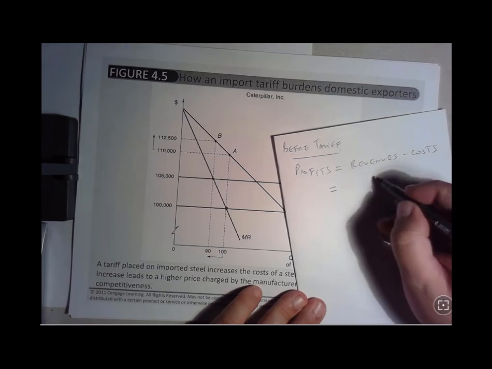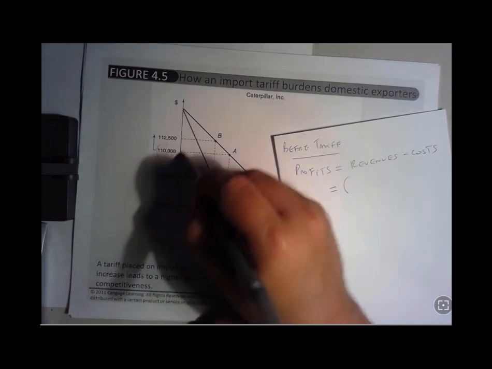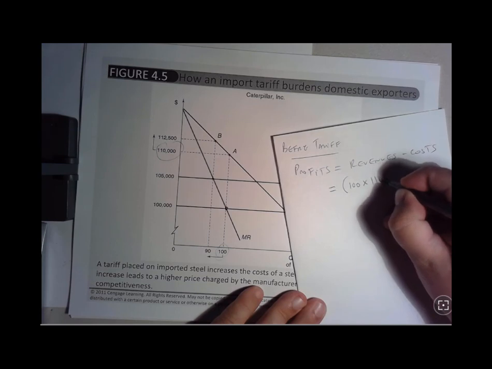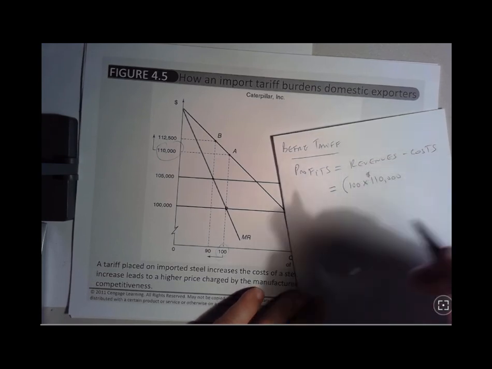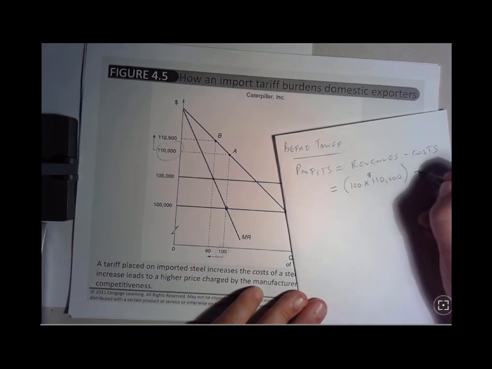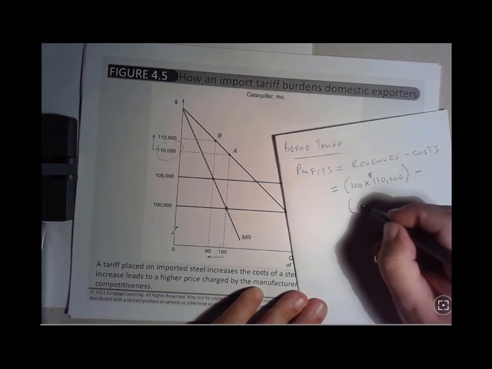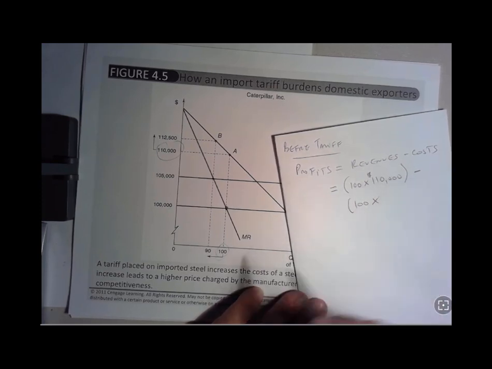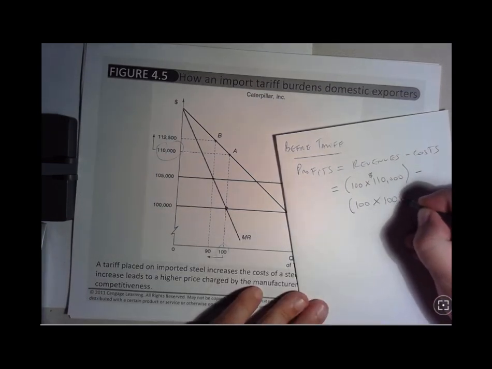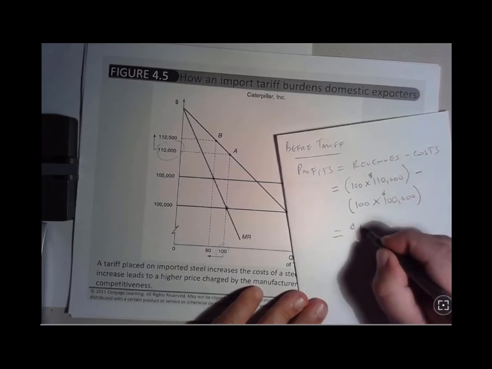Well, price times quantity. So the revenues are going to be, we're going to produce 100 units and sell it at 110,000 each. We're talking about tractors or bulldozers. And then the costs are equal to the same 100 units, and each one of them costs 100,000 to produce. So the profits are $1 million.